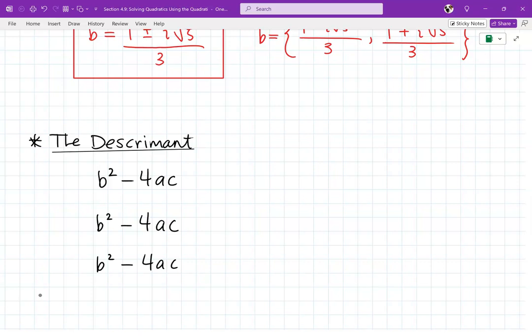Okay? If the discriminant equals 0, so if you get b squared minus 4ac and you calculate it and it equals 0, you'll only get one solution. Okay? If it's greater than 0, so let's say inside the square root it comes out to 18, so greater than 0, you get 2 solutions.